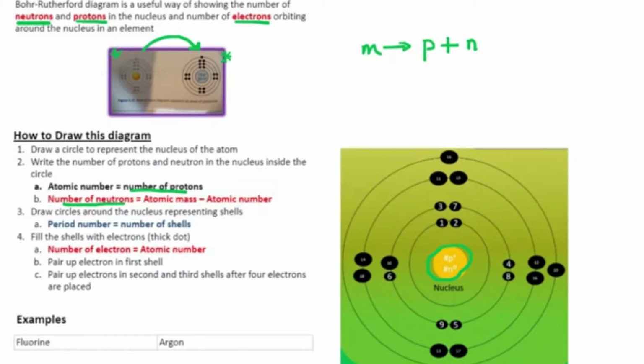We don't take into account the electrons, because the electrons are really light and don't account for the mass.